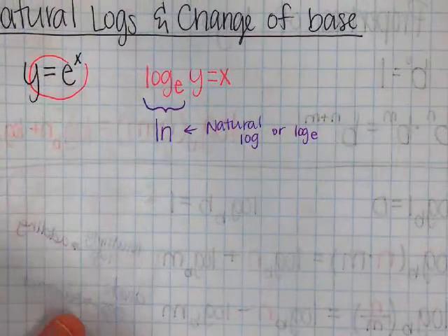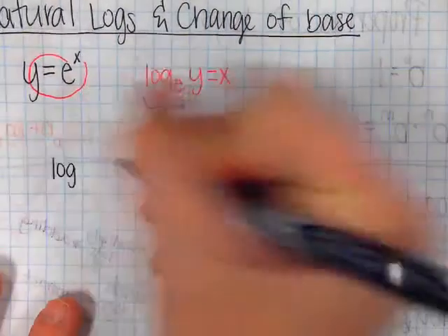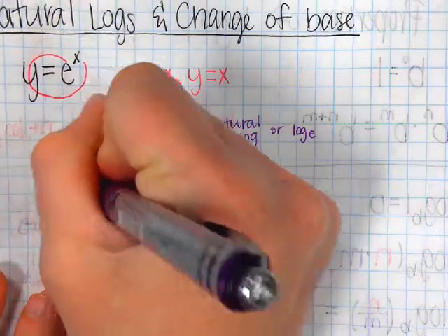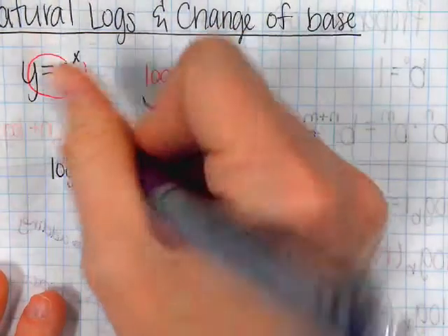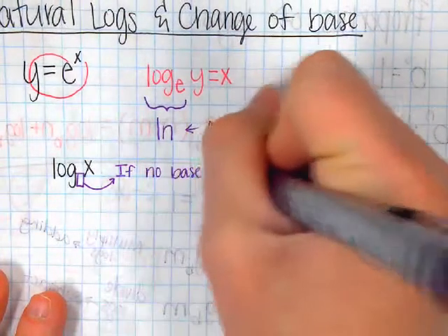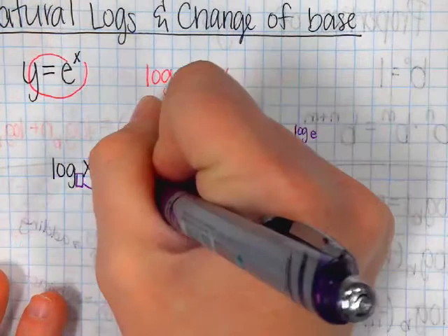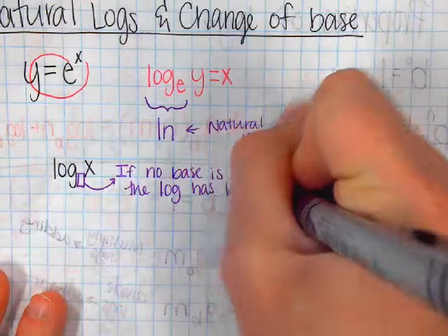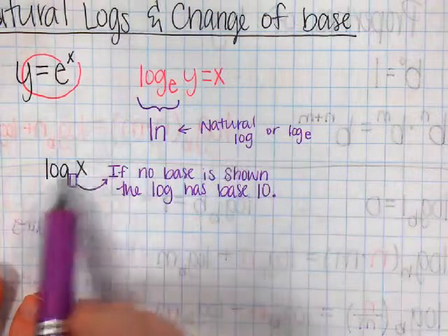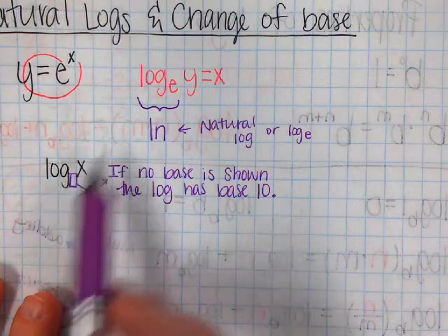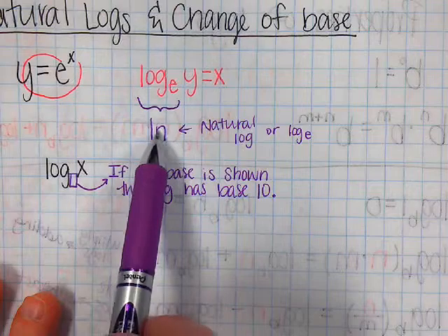Just like when we have log of x, if no base is shown, the log has base 10. So just like when you have log of x, it's a given that the base is 10. And if you have ln, or natural log, then it's given that the base is e.